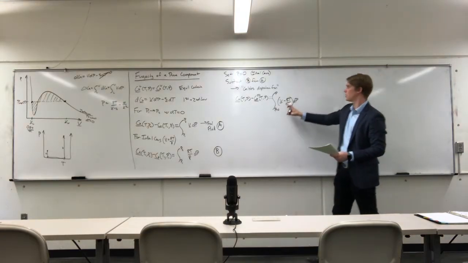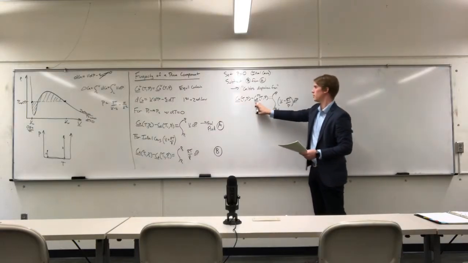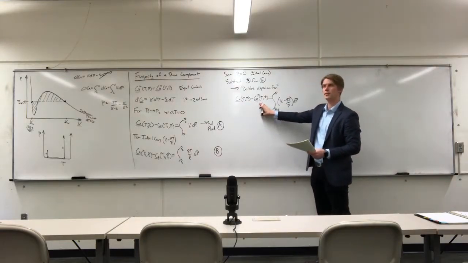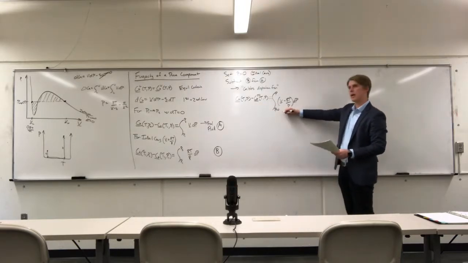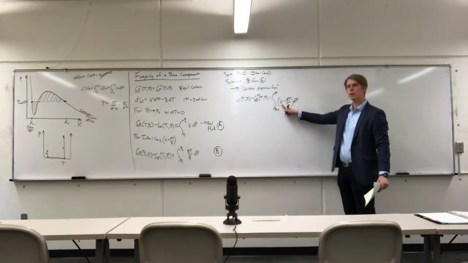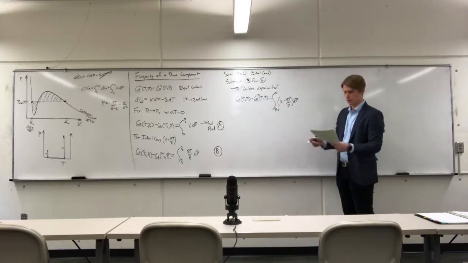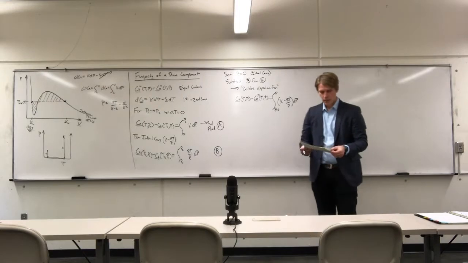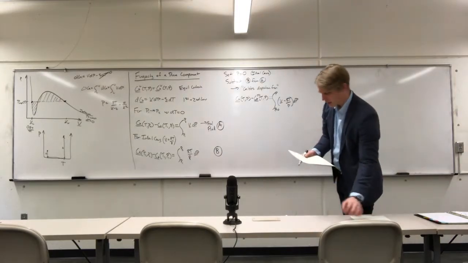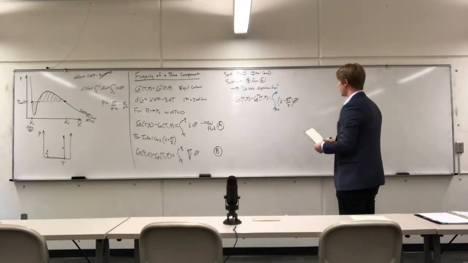How does the Gibbs free energy of a real fluid deviate from the Gibbs free energy of an ideal gas fluid at the same temperature and pressure conditions? And effectively, it's how much it differs from the real fluid specific volume versus the ideal gas specific volume. And from here, this is all we need to define the concept known as fugacity.